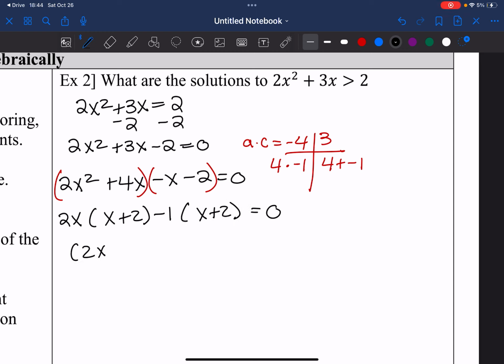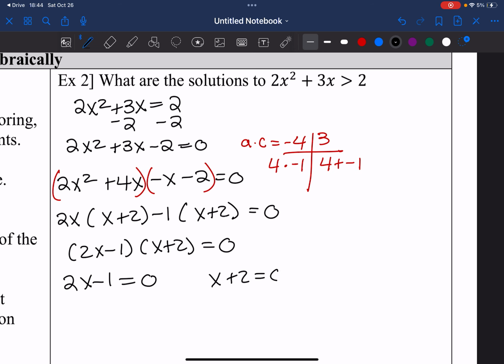So I have 2x minus 1 and x plus 2 equals 0. Then I set them separately equal to 0. So I have 2x minus 1 equals 0 and x plus 2 equals 0, which means I have x is equal to 1/2 and x is equal to -2.